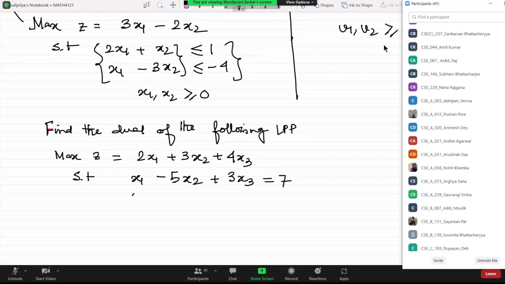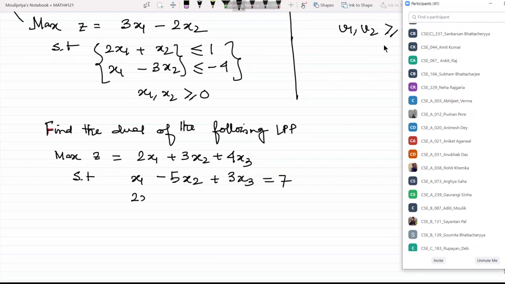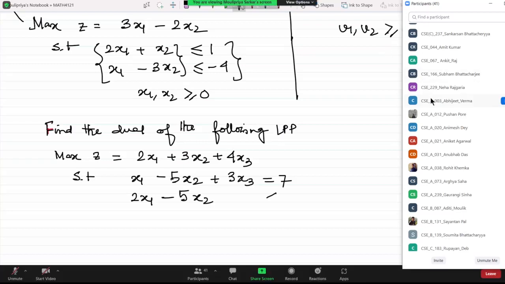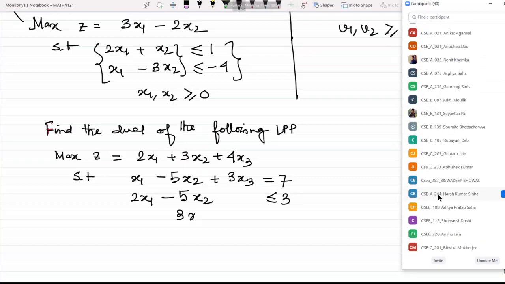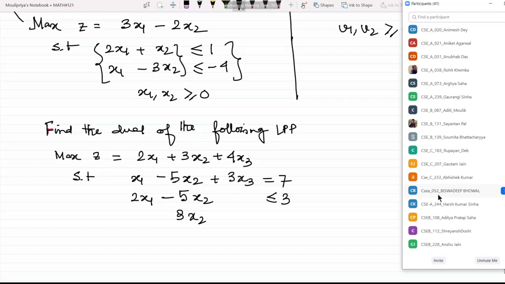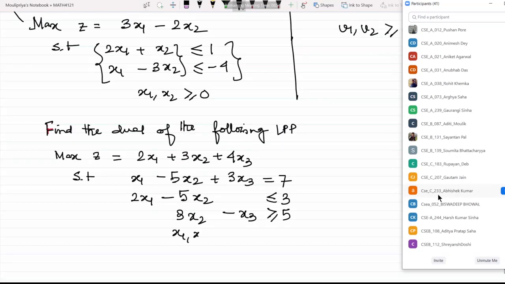You have 2x1 minus 5x2 less than equal to 3. 3x2 minus x3 greater than equal to 5. x1 and x2 are given to be greater than equal to 0.